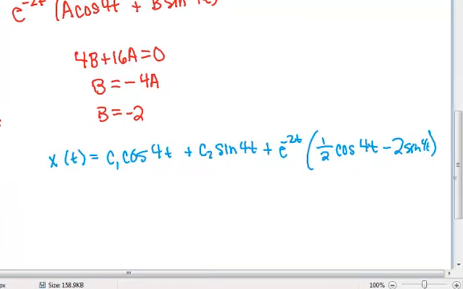And then our initial conditions, where it comes to rest in the equilibrium position. So x of 0 is 0, that's because it was in the equilibrium position, and x prime of 0 is 0 because it comes to rest means the velocity is 0.